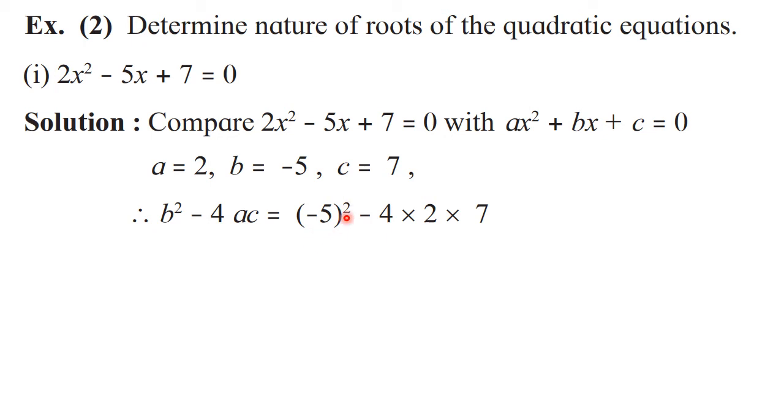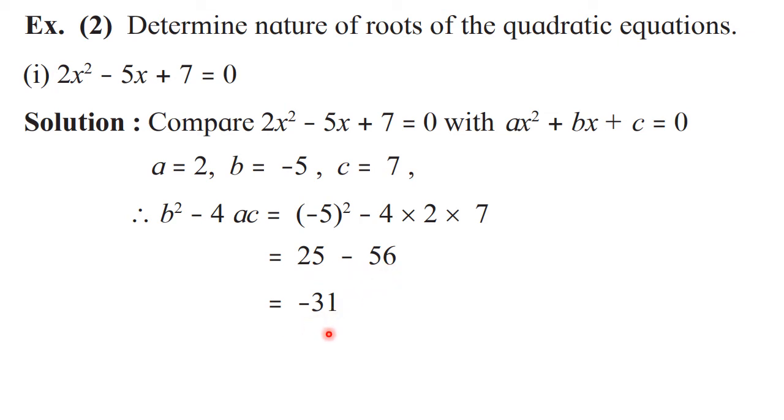So minus 5 square is 25. And here 4 2s are 8 and 8 7s are 56. So 25 minus 56. The answer is minus 31. See, when we subtract the numbers, we give the sign of the bigger number to the answer. So here 56 is a bigger number.